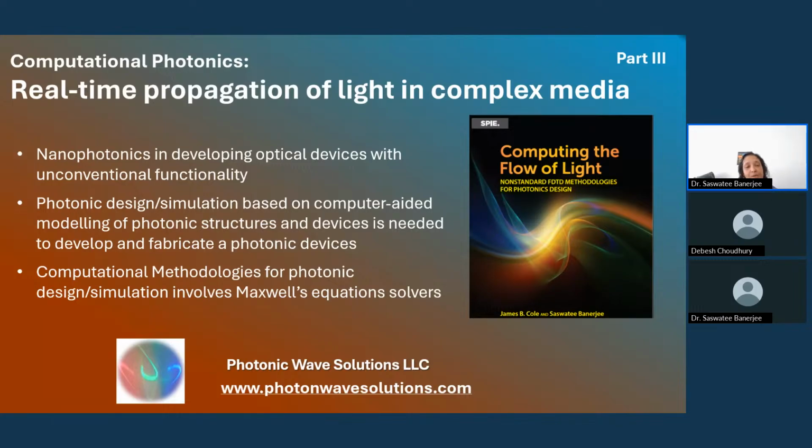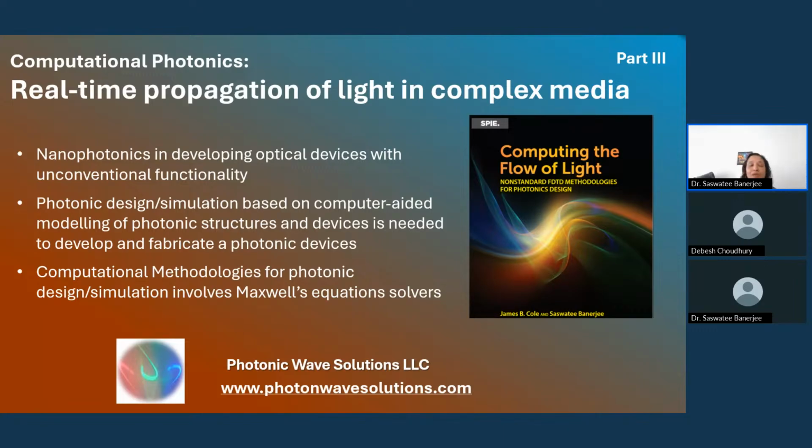So here, what I'm trying to say is that it's not just at the design phase that you need to use these methods to design the device. You also need to use the modeling to be able to fabricate these devices. This is also a very important fact, because when you are dealing with these photonic devices, the dimensions are pretty small.